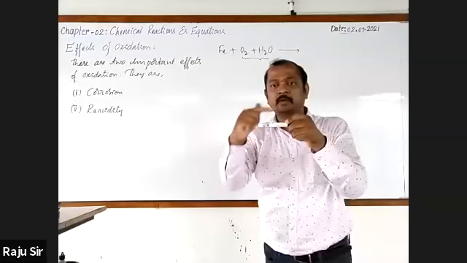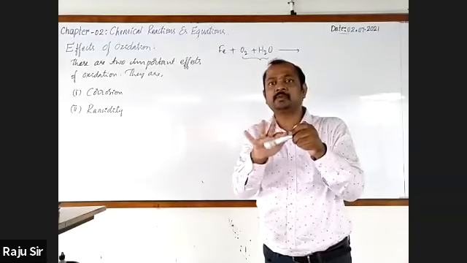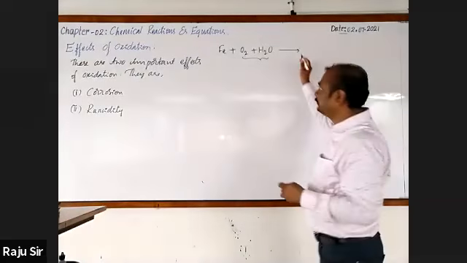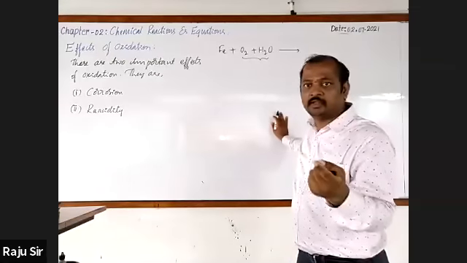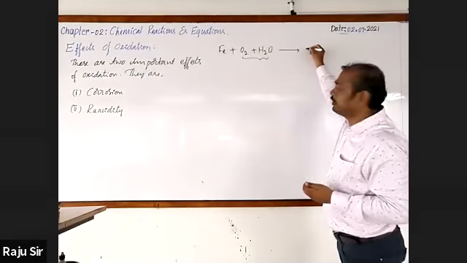Such a substance is formed on its surface. Just by touching it, it will start falling down. It is so soft, and we call that rust. Got it? And the process is known as rusting.